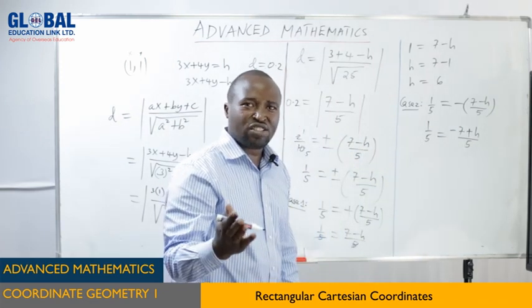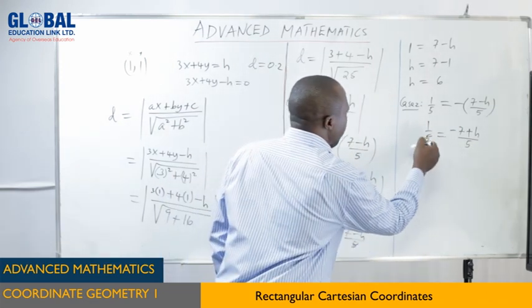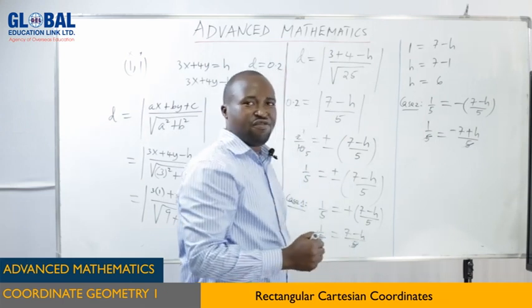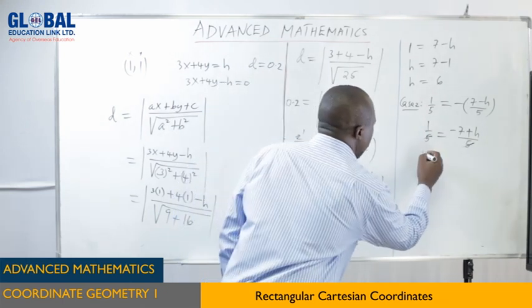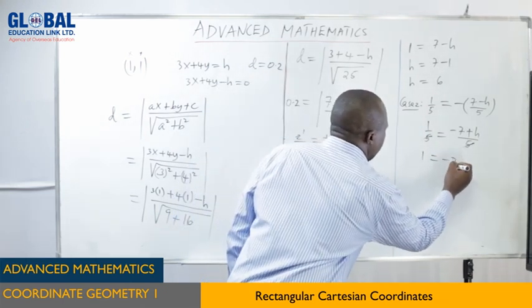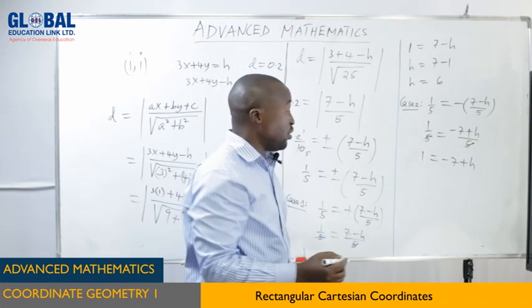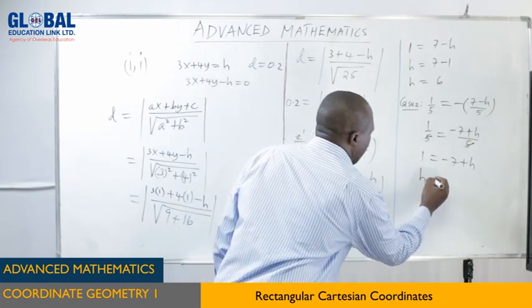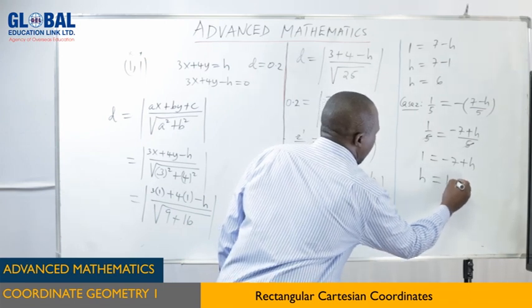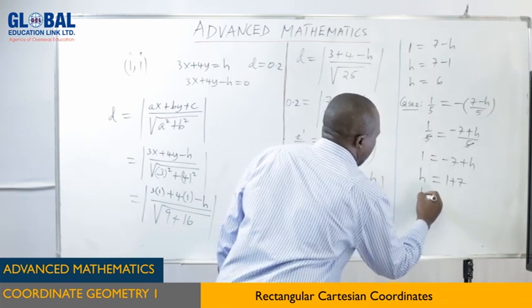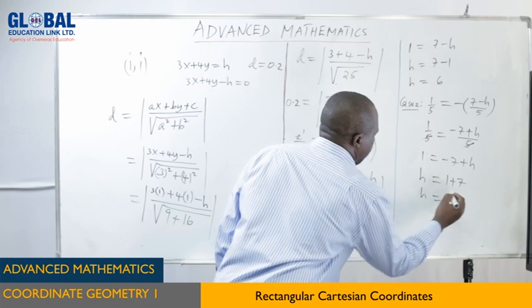Dear student, we can simplify the 5, so 1 is equal to negative 7 plus h. So h is equal to 1 plus 7, so h is equal to 8.